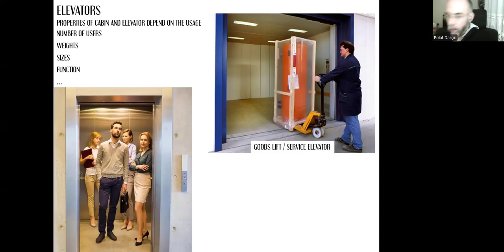In some residential buildings, you can have two types of elevators. The first one is only for the use of people, and there are warning labels for the maximum number of people or maximum weight that can be carried with that elevator.